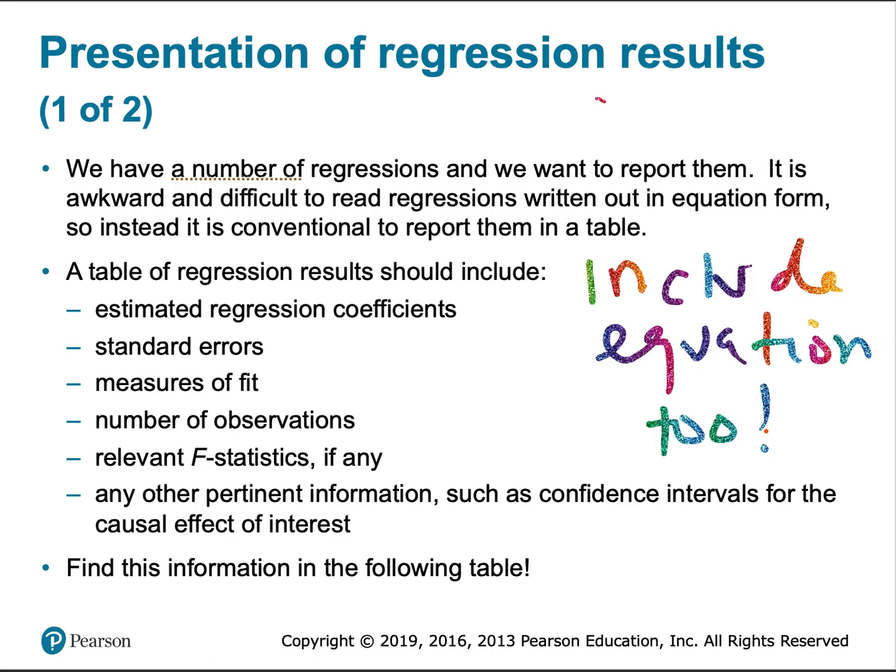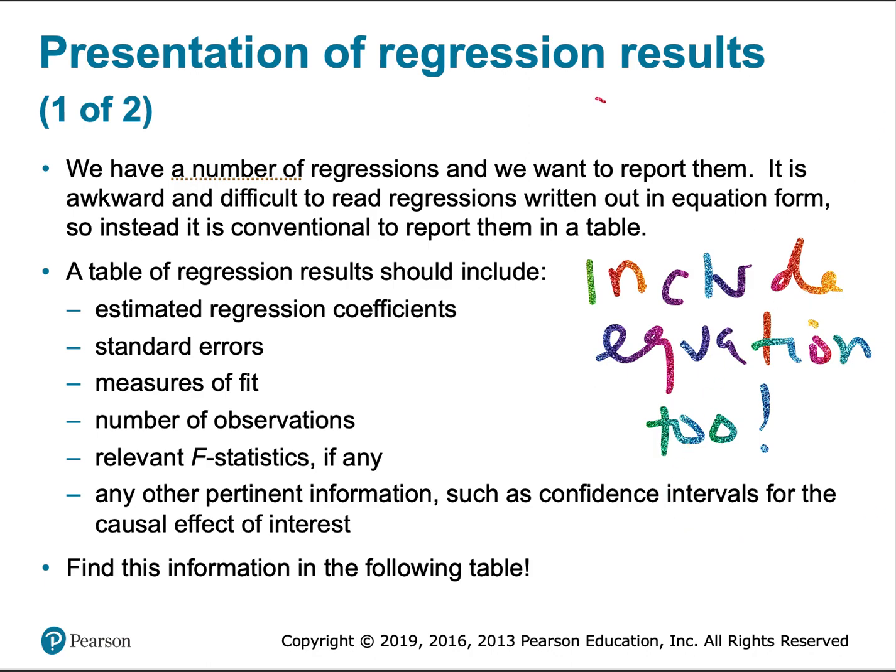It is, however, imperative that a table of regression results includes the estimated regression coefficients, standard errors, measures of fit, number of observations, relevant F statistics, and other pertinent information, such as confidence intervals for the causal effect of interest. In a report, this should be a clean and easy to follow table.